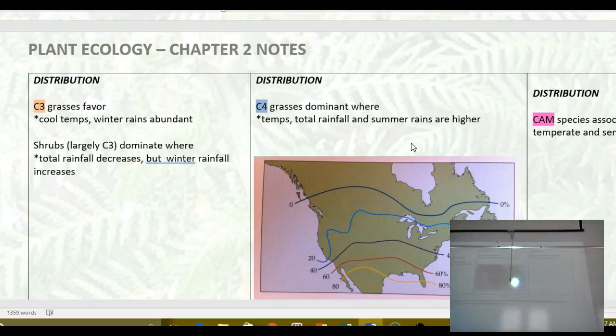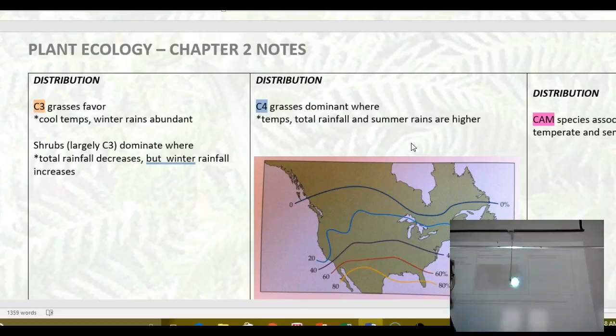Once again, where do we find C3, C4, and CAM? C3 grasses favor cool temps, winter rains abundant. C4 dominant where temperatures and total rainfall and summer rains are higher. And CAM associated with aridity, and semi-arid regions.